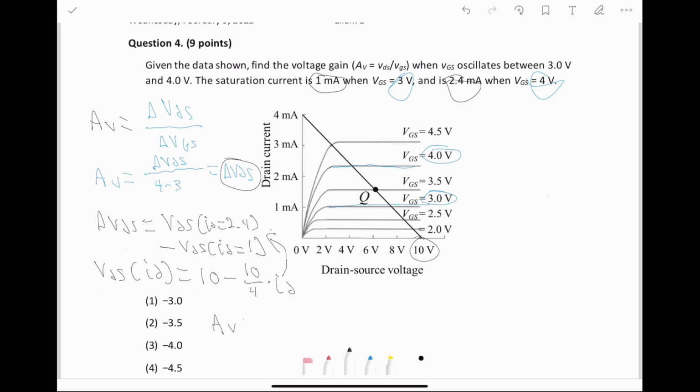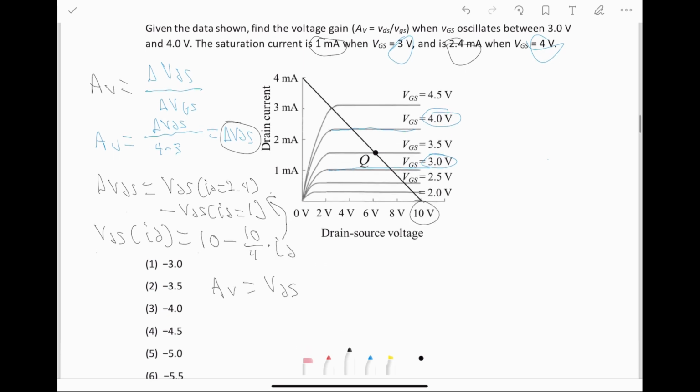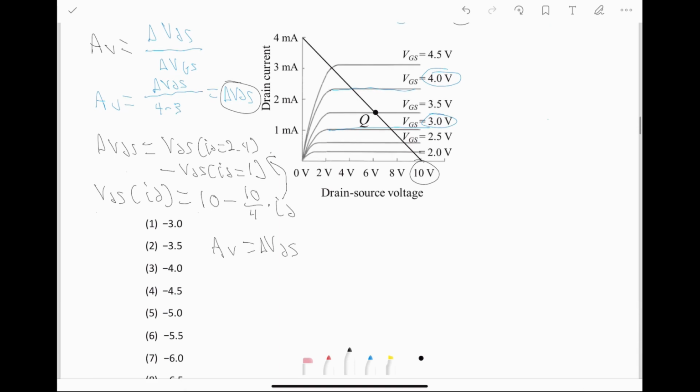So writing it out a little bit more directly, AV is equal to delta VDS is equal to VDS of 2.4 minus VDS of 1. And if we evaluate this, we see that it's 10 minus 10 over 4 times 2.4 minus 10 plus 10 over 4 times 1.